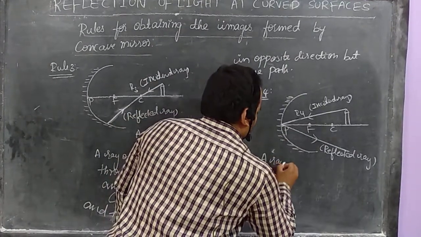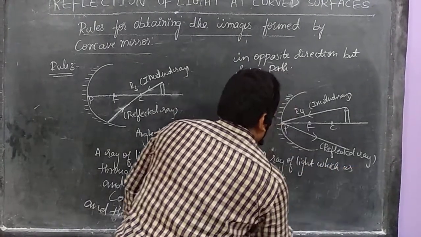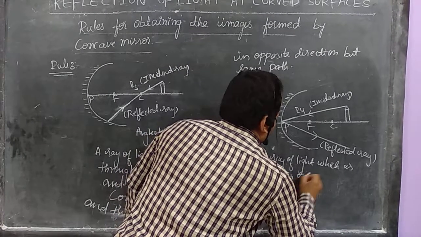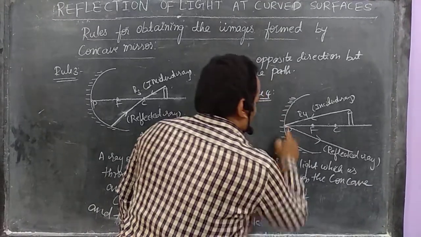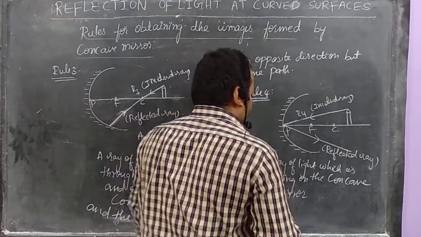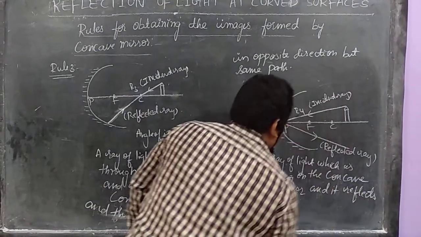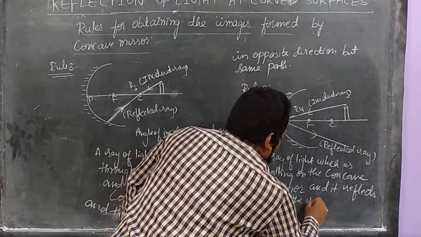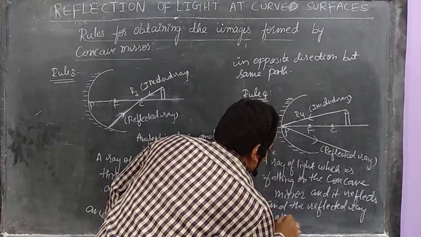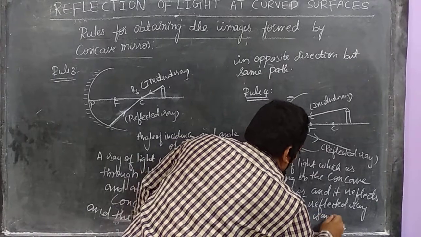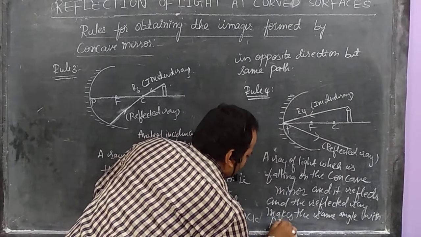It means a ray of light which is falling on the concave mirror reflects, and the reflected ray makes the same angle with the principal axis.